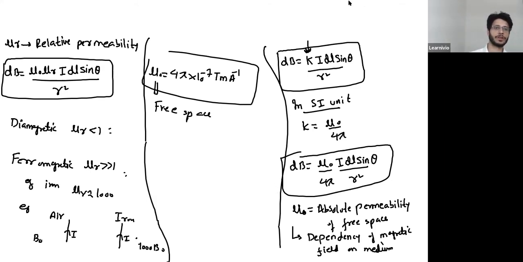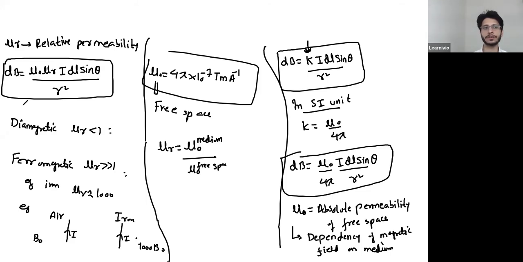Sir, what is the difference between mu 0 and mu r? Mu r is basically the ratio of mu of the medium and mu 0 of free space. This ratio is mu r. This is a dimensionless quantity, it has no units.